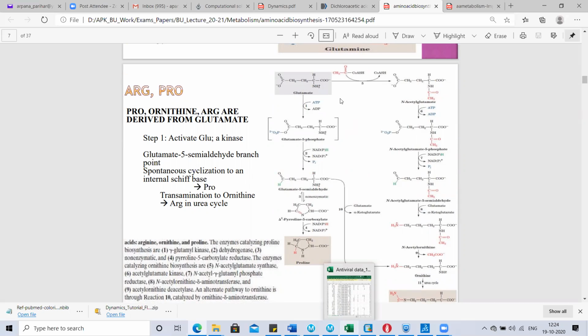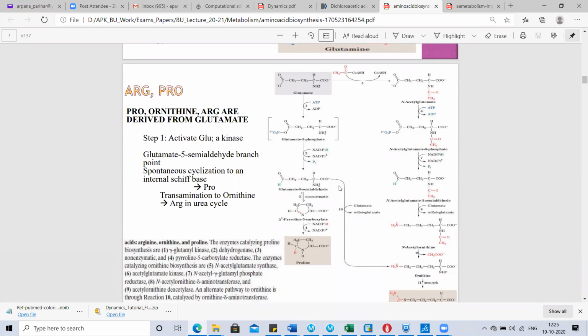Glutamate is converted into N-acetyl glutamate when it reacts with acetyl coenzyme A. This N-acetyl glutamate is converted into N-acetyl glutamate 5-phosphate, which upon a dehydrogenation reaction is converted into N-acetyl glutamate 5-semialdehyde, and this is converted into acetyl ornithine, then to ornithine.